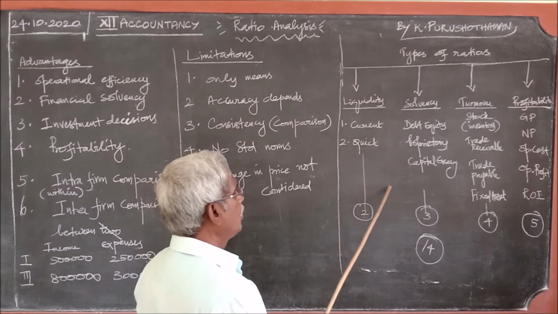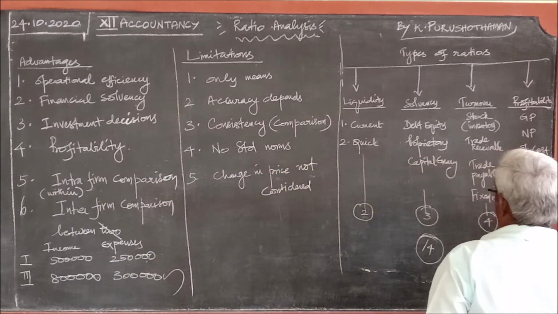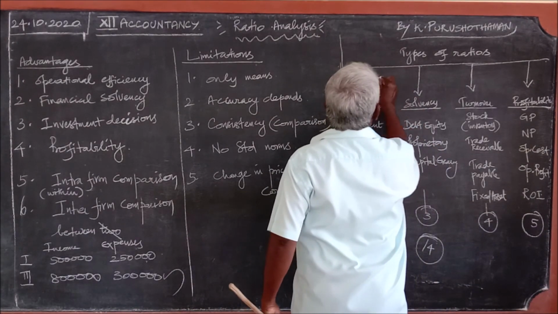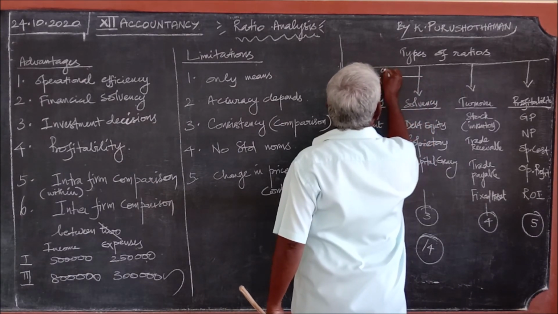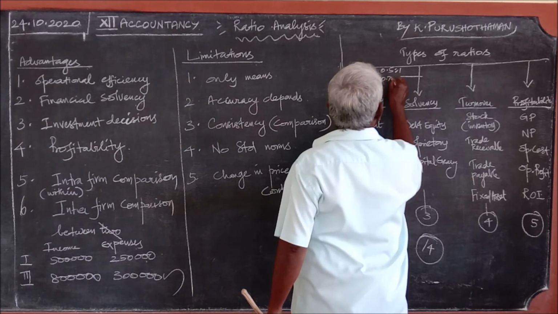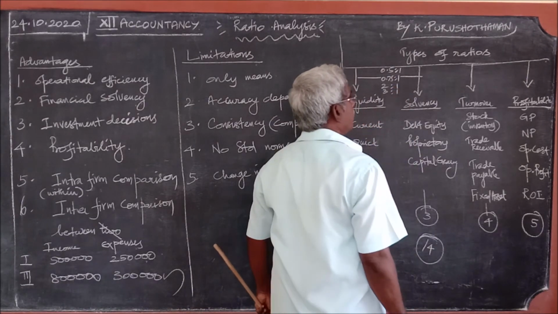For these, you should write the answer in terms of ratio, for example 0.5 is to 1 and 0.75 is to 1, 2 is to 1, 3 is to 1, like this we write.